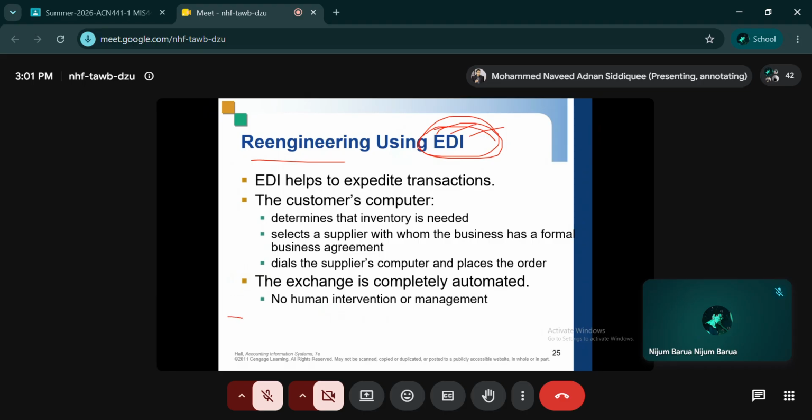EDI. EDI stands for electronic. Please note it down. Electronic. So it's difficult to write. Electronic Data Interchange.